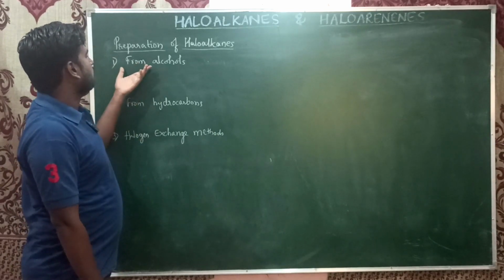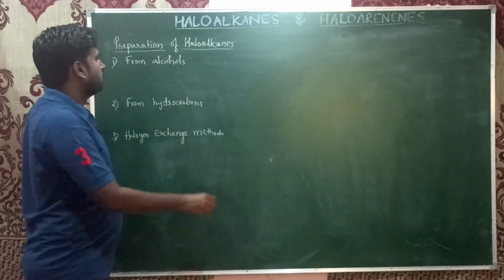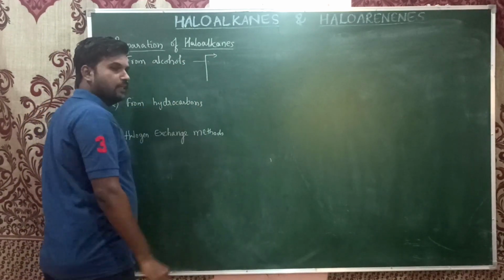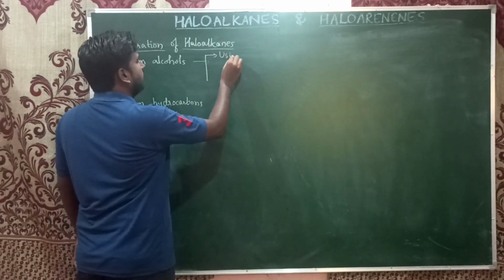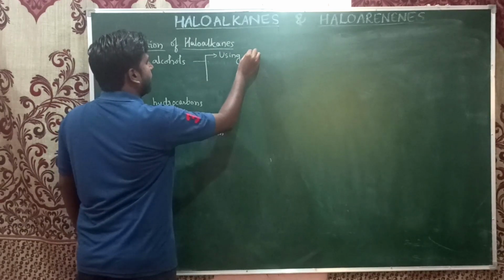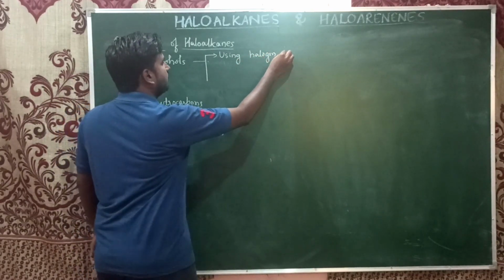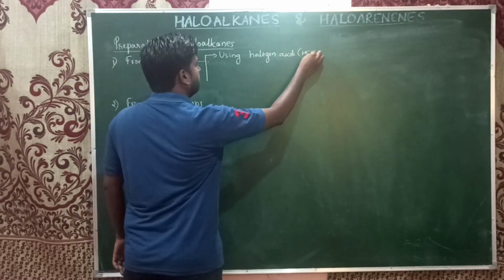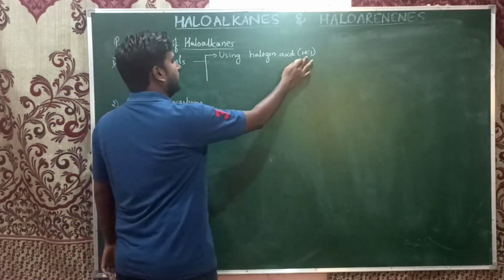In the preparation of haloalkanes from alcohols, we have three methods. It depends upon which reagent we use. The first reagent is halogen acids, usually HCl, HBr, HX in general.